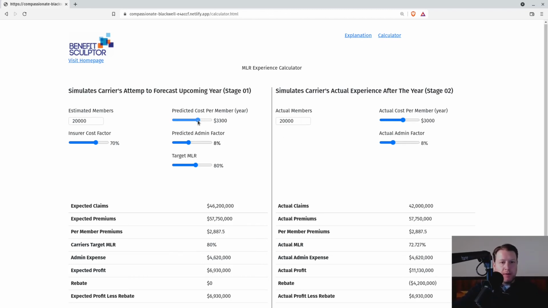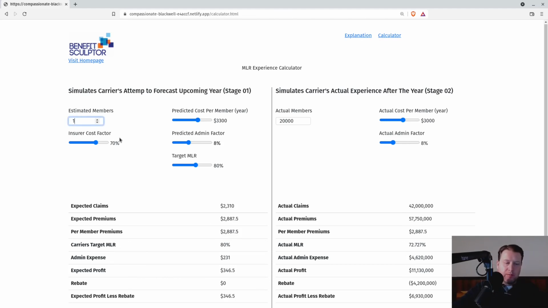Now watch what happens if we just increase the membership, and you can probably guess. If we increase the membership, our premium stays the same. We're still at this $2,625. So the implication of that is that if we increase the membership through better services or those kinds of things, the carrier actually sees a higher profit, because if we're going to increase the provider negotiations to the 3,300, then we also have to anticipate that maybe we're going to see a drop in enrollment.